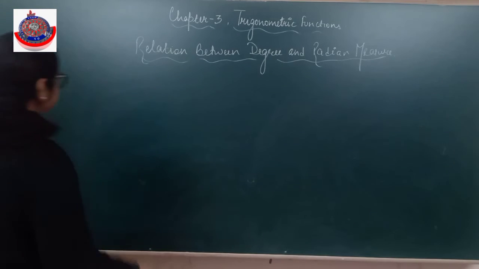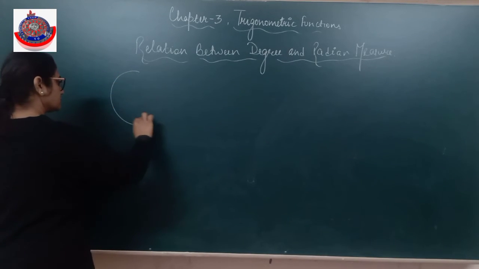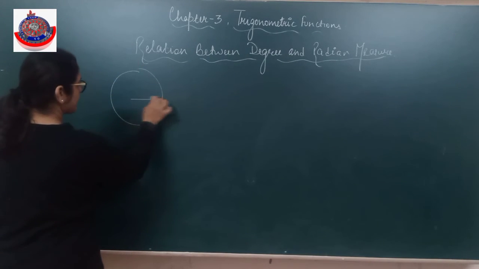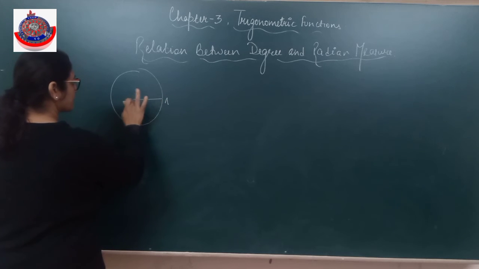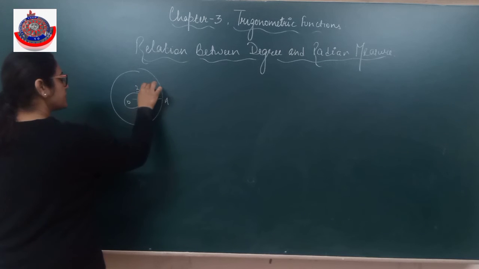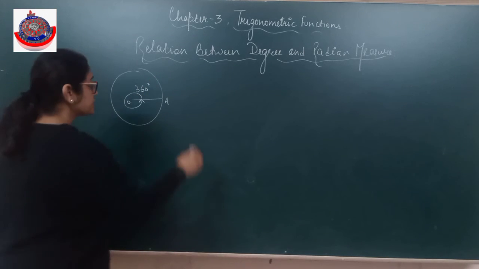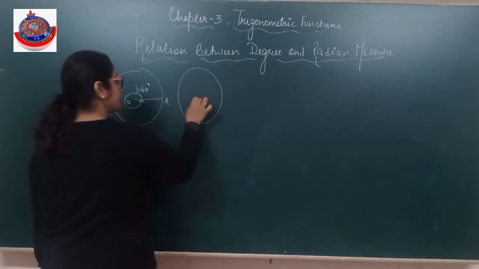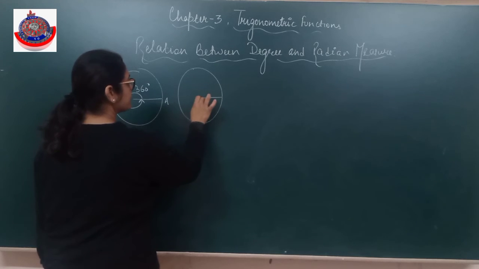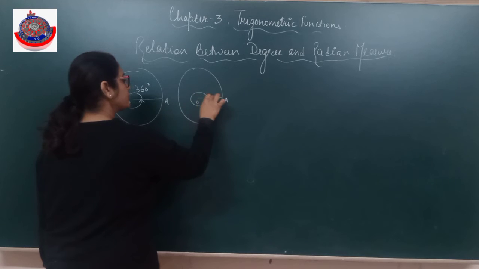Now I know that if I measure this in degrees, I say this is 360 degrees. And the same thing if I measure in radian, I say it is 2 pi radian.